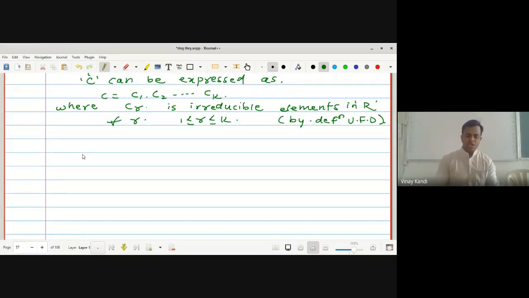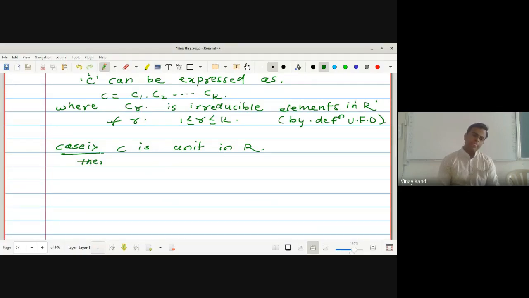Now case 1: if c is a unit in R. What happens if c is a unit in R?